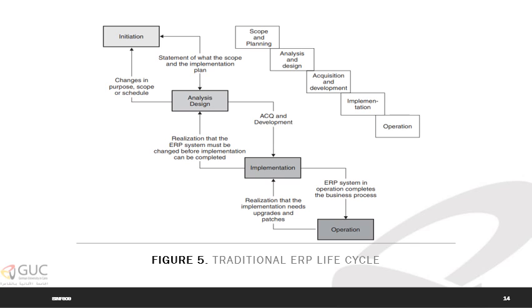However, there are other variations to the traditional SDLC process. The emphasis in ERP implementation is on customization of the software as well as on changing the organization's business processes, rather than determining the user requirements for developing new applications, as in the traditional SDLC.